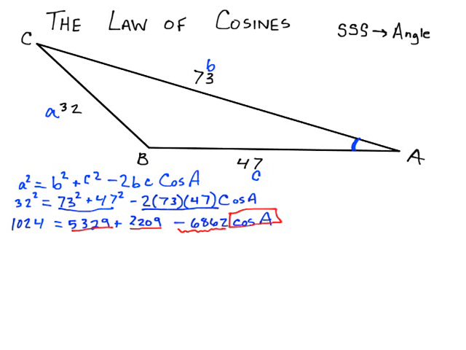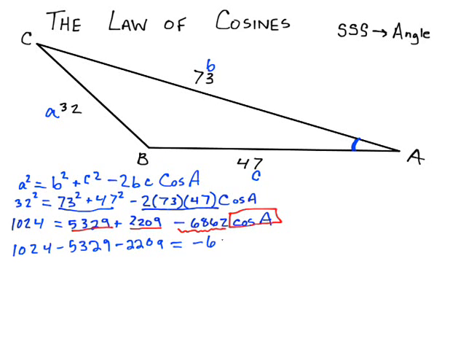So let's do that. To get rid of the 5,329, I'm going to subtract that from both sides. So we're going to have 1,024 minus 5,329. I'm going to take away the 2,209 also.